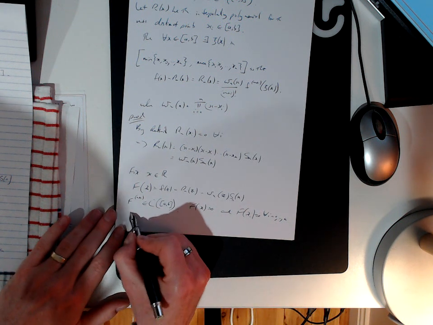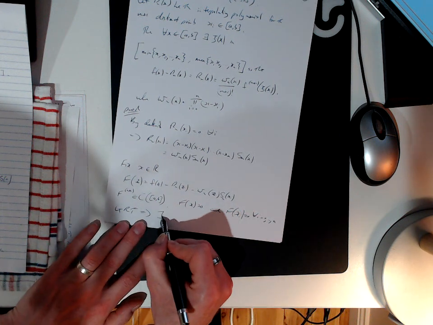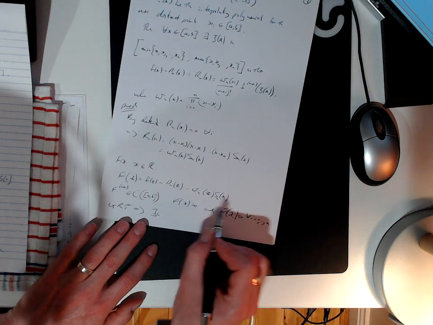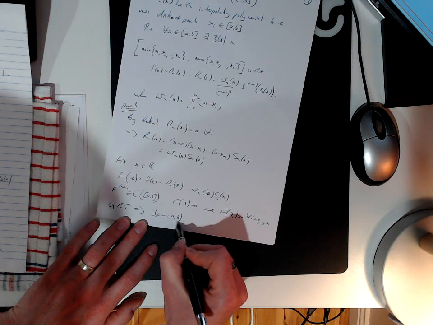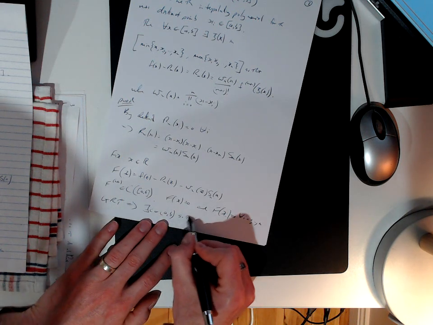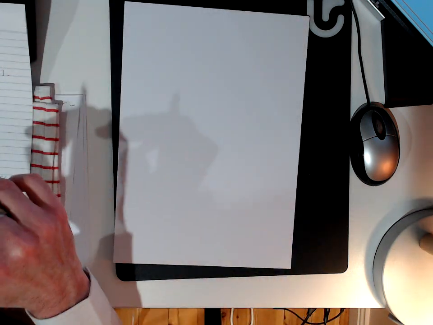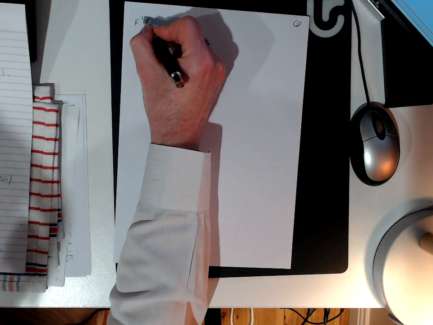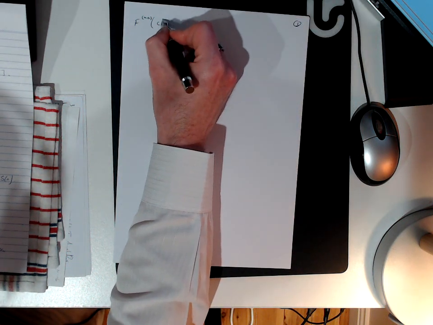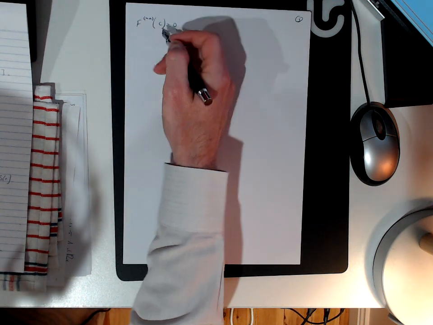Generalized Rolle's theorem now implies that there exists some c inside the open interval so that capital F n plus 1 c equals 0. And we may ask what this is.